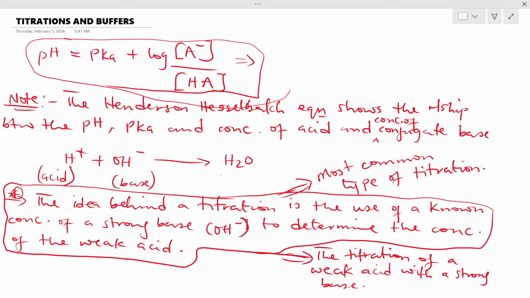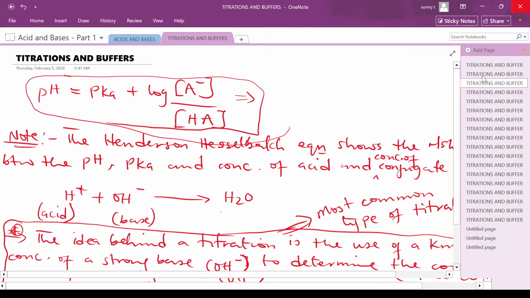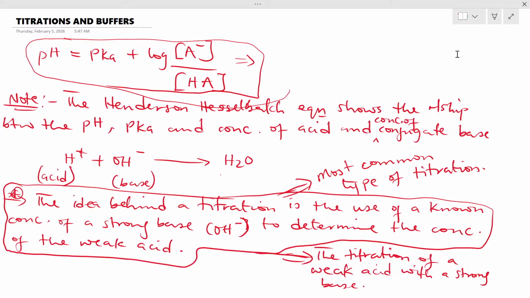Alright, so if we have successfully derived it, that equation we derived is generally known as the Henderson-Hasselbalch equation, and it's a very important equation, probably the single most important equation regarding what?